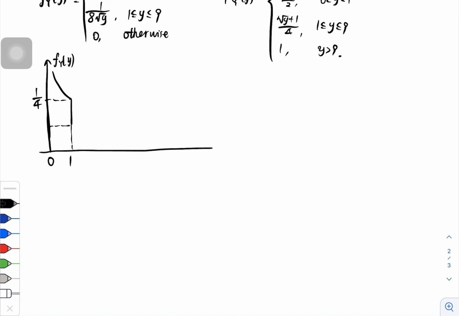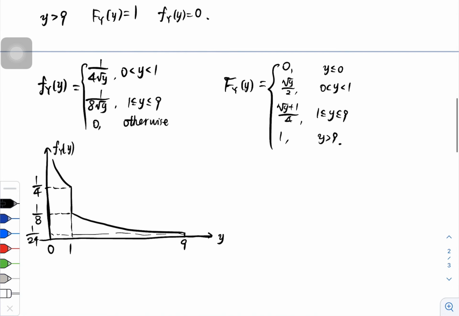And it changes directly to 1/8. Oh, for 1 to 9, it changes to 1/24, and then 0 for all. This part is this, and this part is this.